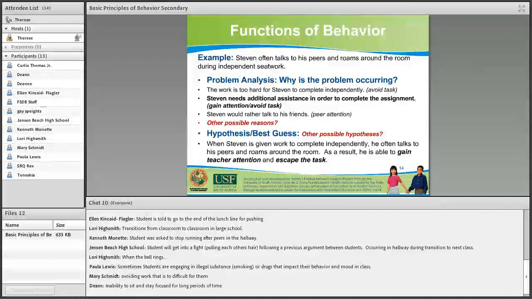Inability to sit and stay focused for long periods of time. All right, Deanne, that's a really good thing to add to the conversation here. So maybe they're getting up and roaming around the room because they're not able to sit and stay focused for those long periods of time. I would actually put those into an antecedent category. Maybe that's like a slow trigger.